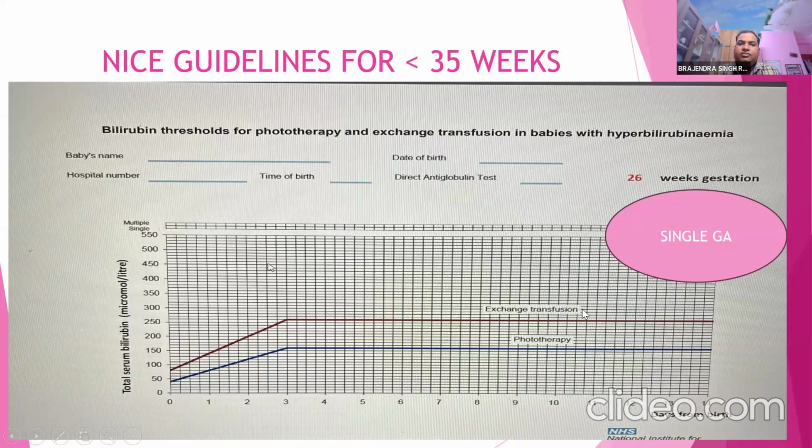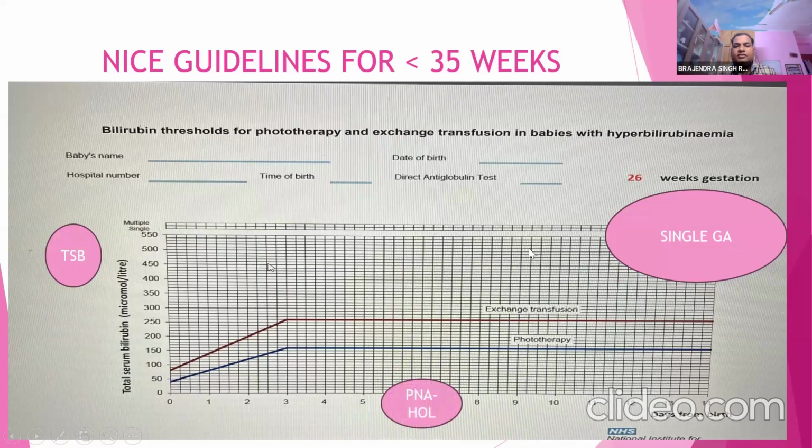So this is the difference from the American Academy of Pediatrics guideline chart and the NICE guideline chart. Here there is a single chart for a single gestational age showing both the phototherapy cutoff and the exchange cutoff for different ages, different hours of life.